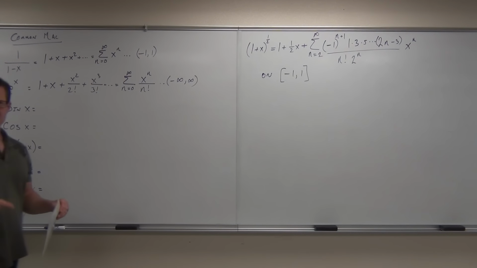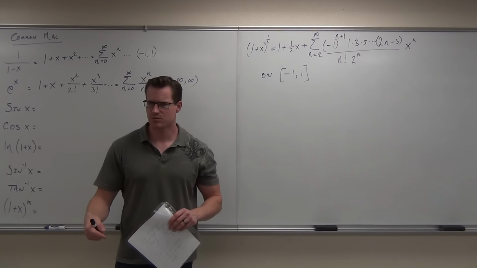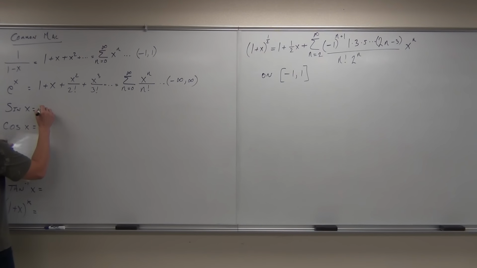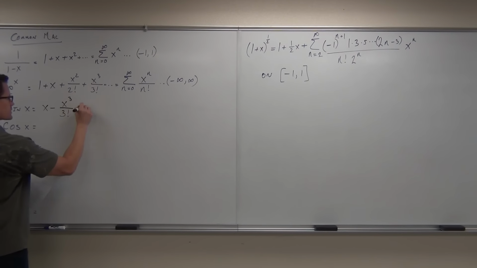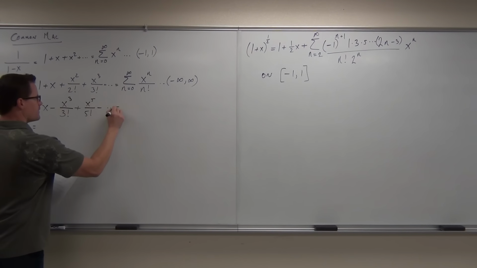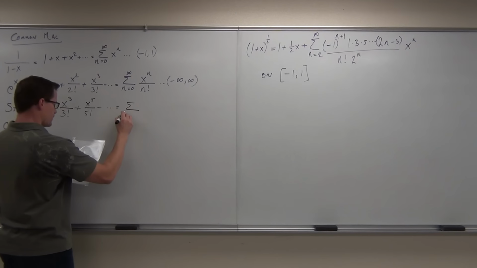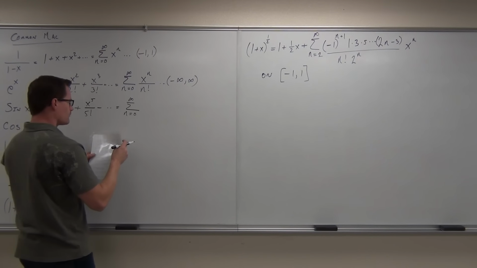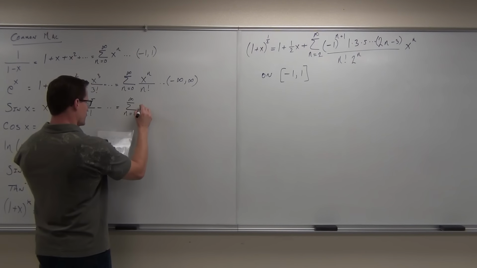Sine. We actually did. Do you guys remember doing sine? Remember doing some of these ones? We worked through them. This is all of our examples. We made them from scratch. Sine was this. It was x minus x to the third over 3 factorial plus x to the fifth over 5 factorial minus, and that created the series for us from n equals 0 to infinity, negative 1 to the n.